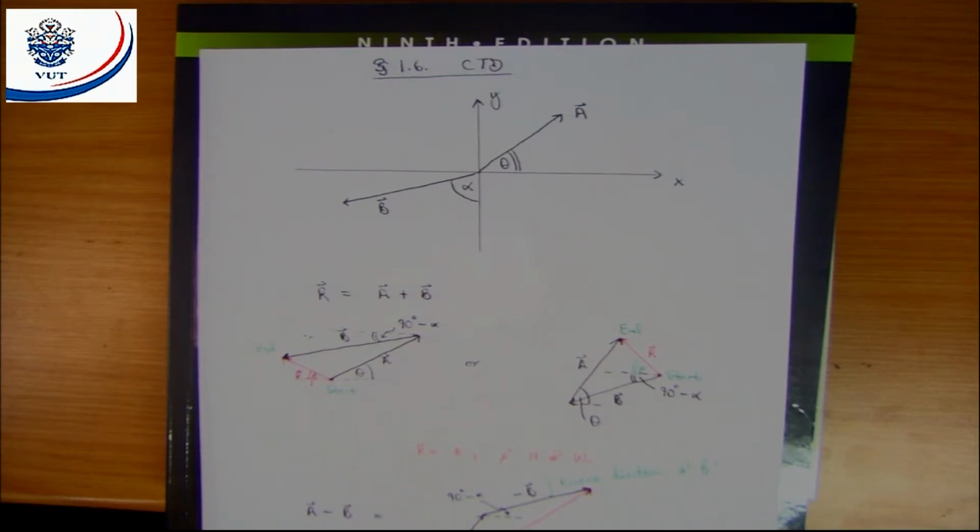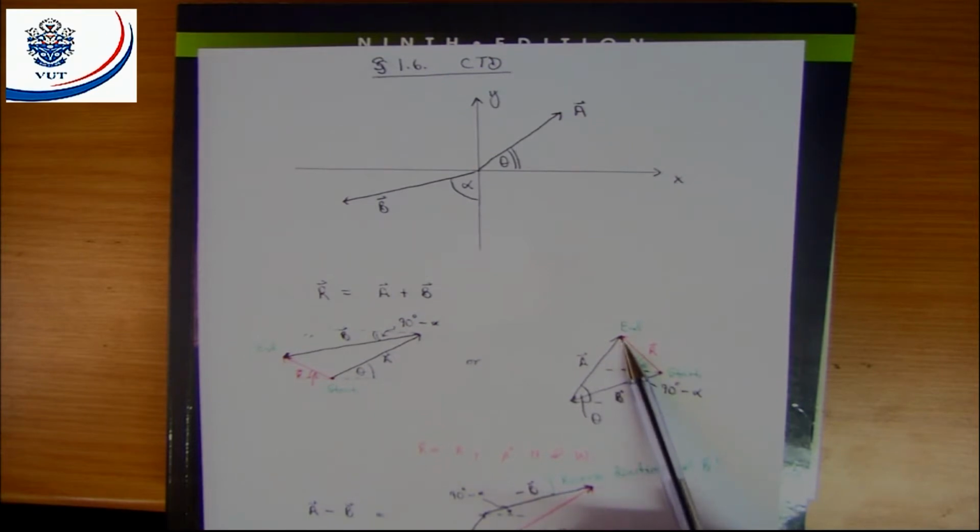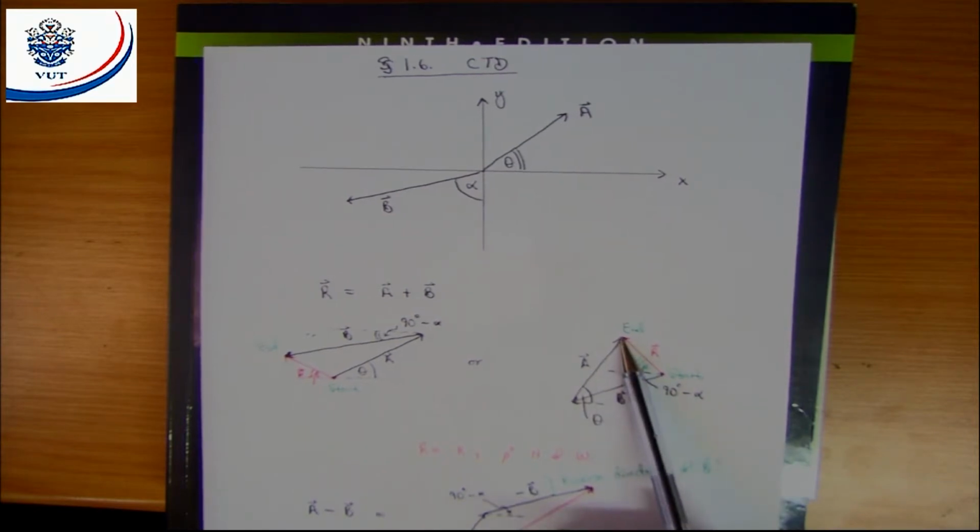Alternatively, we can start with vector B. If this is my starting point, I draw B. It forms an angle 90 minus alpha with respect to the x-axis, and then I draw vector A from where I stopped for B, and it forms an angle theta with respect to the x-axis, and my endpoint is over there.